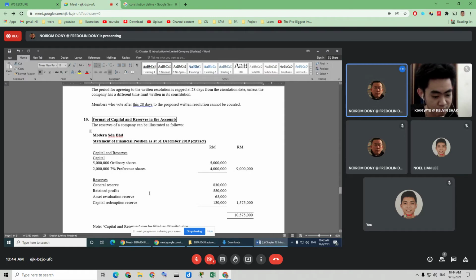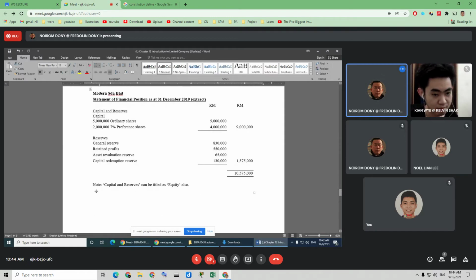So note, capital and reserve: we are referring to capital plus reserve, which is 9 million plus this amount, 10,575,000. This can be titled as equity also. So this is the total, and the particular here we can write down as shareholders' equity.